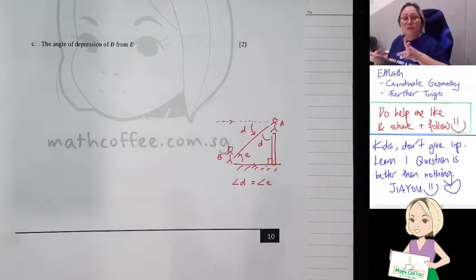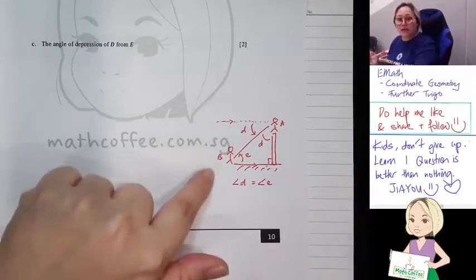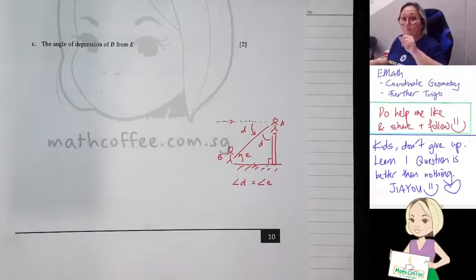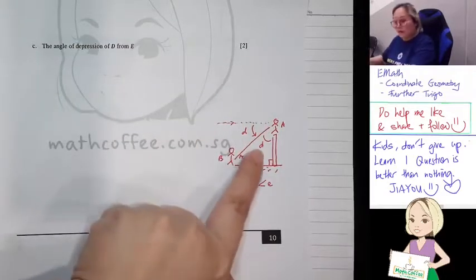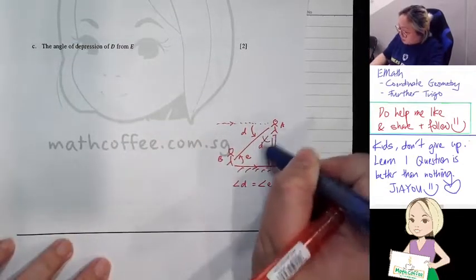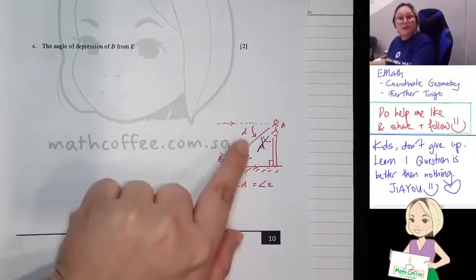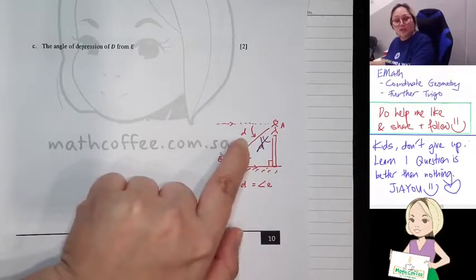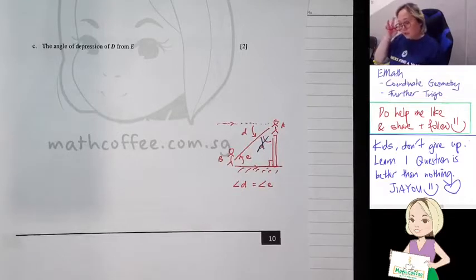Then it's wrong. Take note, angle of depression is not there. A lot of people always thought it's the one that I wrote, but this is wrong. This is the correct angle of depression. Understand? After understanding this, let's go back to the question.